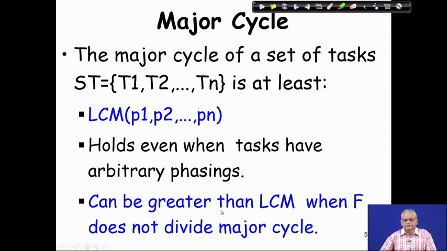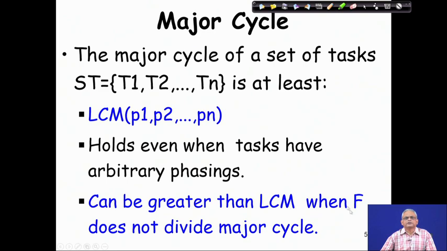But what if the frame size does not divide the major cycle? We said that the LCM contains an integral number of frames, or in other words, the frame divides the major cycle.